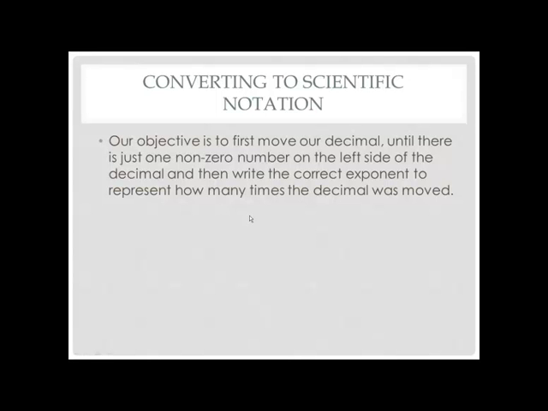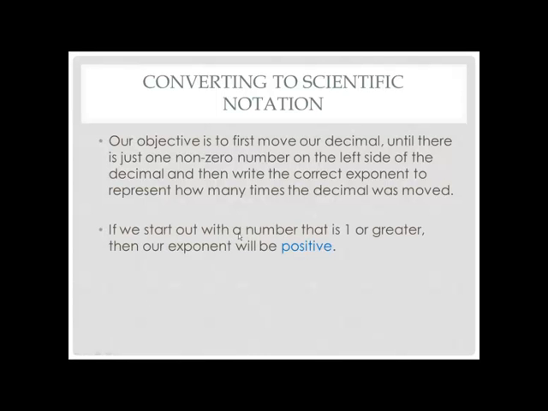Now we have a couple of rules for the signs of our exponent. If we have a large number, or a number that is greater than 1 when we start out, then our exponent will be positive. So if our regular number that we start off with is 1 or greater, then our exponent will be positive.